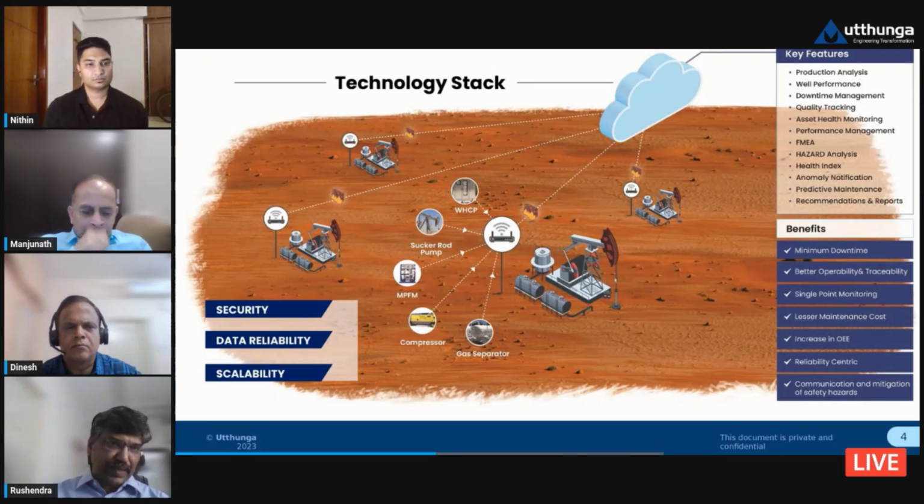So we exercise the discretion as to what should stay, what should get analyzed at the edge, what insights can go back to the cloud, and what raw data has to go to the cloud, and what is the kind of bandwidth that we use, and then the sizing of the servers comes into picture. So at the architecture level, it is already addressed to scale horizontally, and that's how we have addressed the scalability in this.